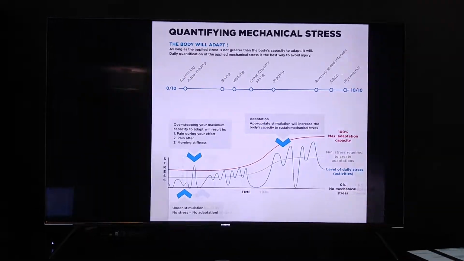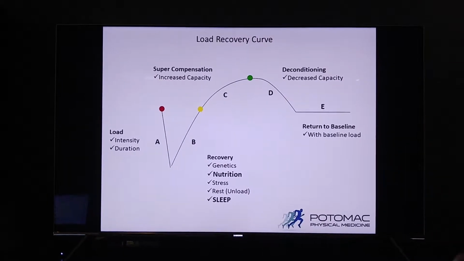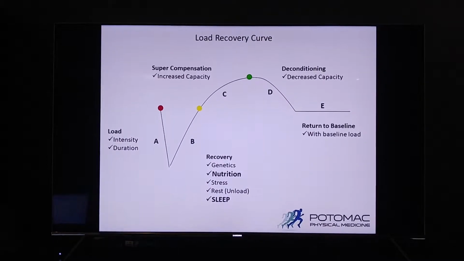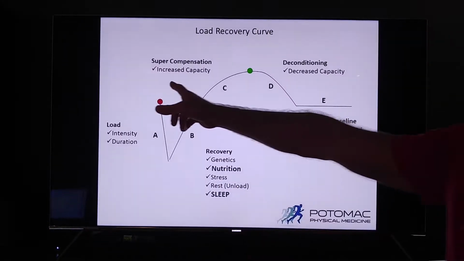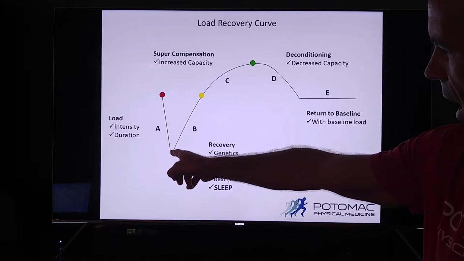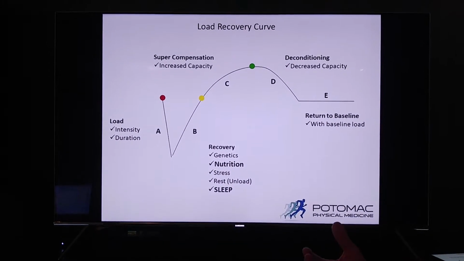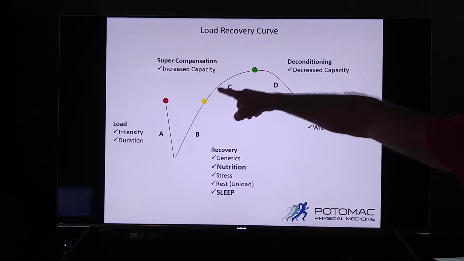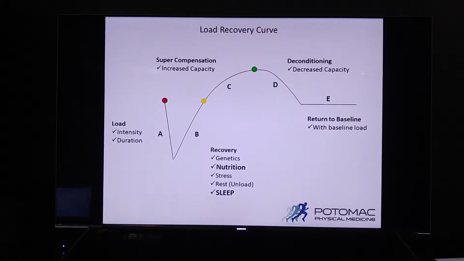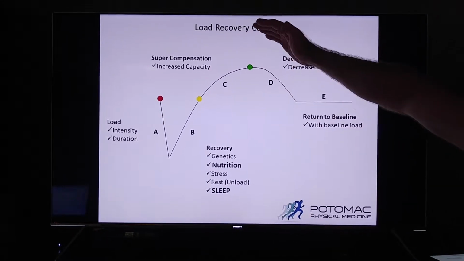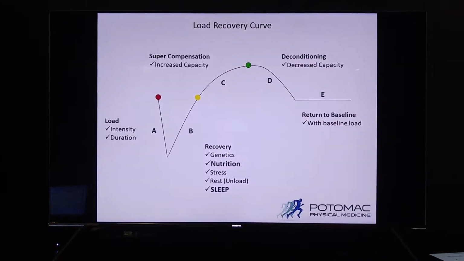But if we look at the factors that affect our recovery, this is a load recovery curve. Basically, we start here, we do a workout, and our body sustains some stress. If I can recover up to here before my next run, workout, whatever, I've adapted, my capacity's increased.